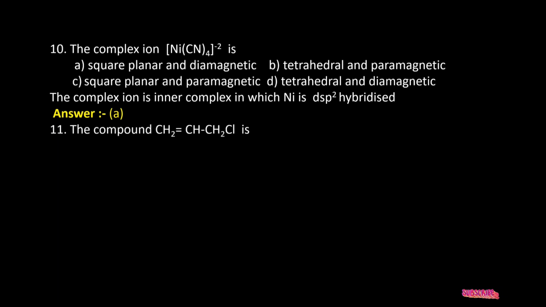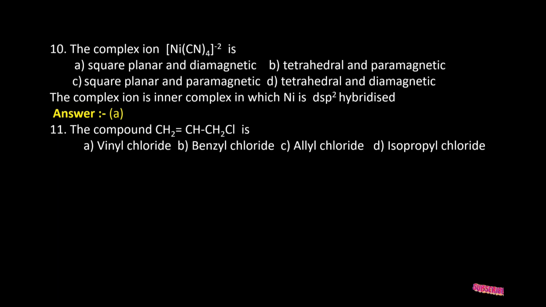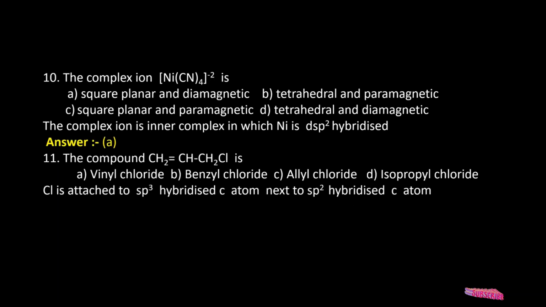Let us take question number 11. The compound CH2=CH-CH2Cl is A. Vinyl chloride, B. Benzyl chloride, C. Allyl chloride, D. Isopropyl chloride. Dear friends, in the given compound, the chlorine atom is attached to an sp3 hybridized carbon atom.